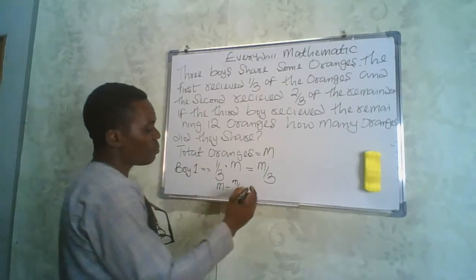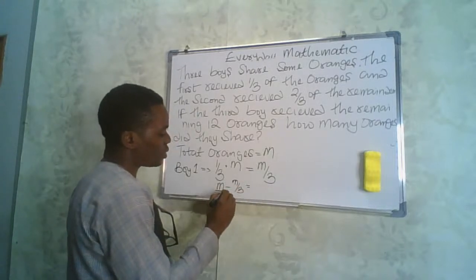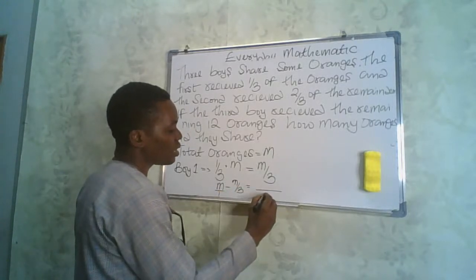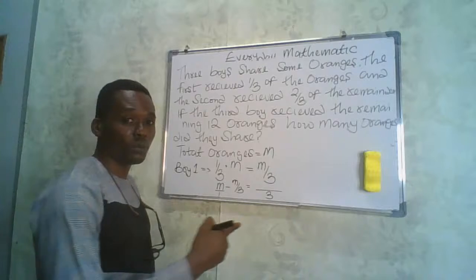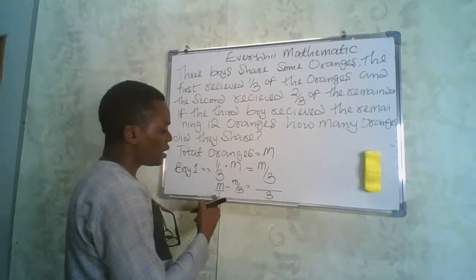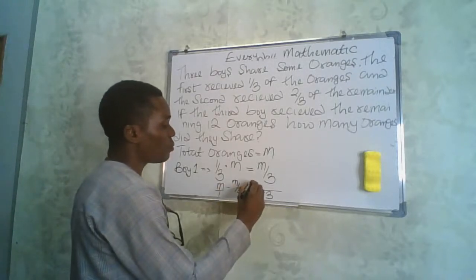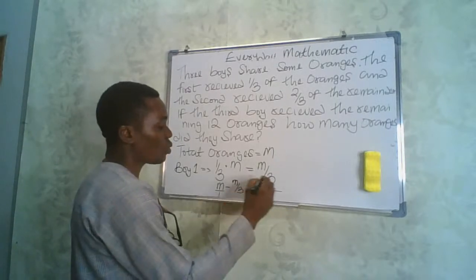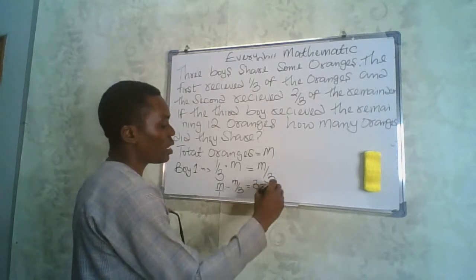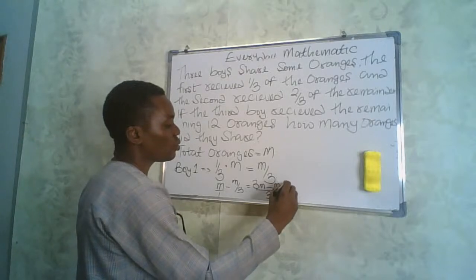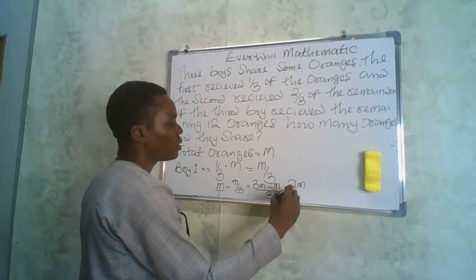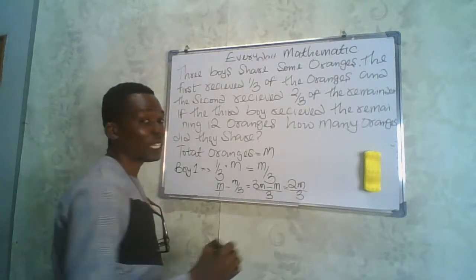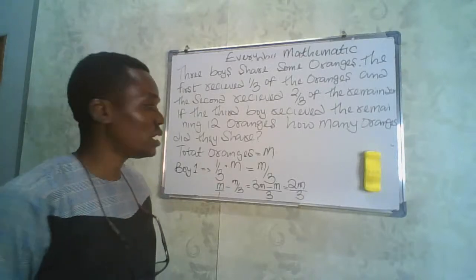If we simplify this, the LCM will be 3. 3 divided by 1 is 3, 3 times m gives us 3m, minus 3 divided by 3 is 1, 1 times m gives us m. So this is going to give us 2m divided by 3. That is the remaining oranges.